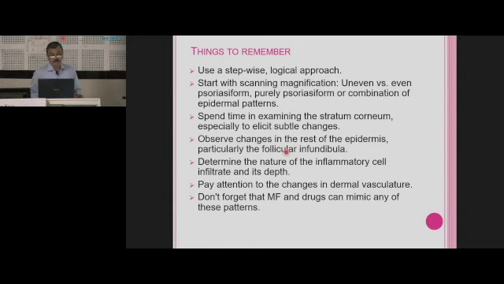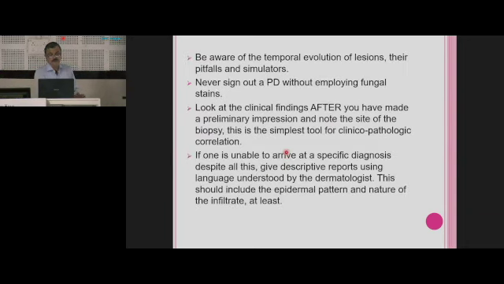Don't forget that mycosis fungoides and drugs can mimic any of these patterns of psoriasiform dermatosis. Be aware of the temporal evolution of the lesion, in which stage of the evolution of the lesion you are getting the biopsy.